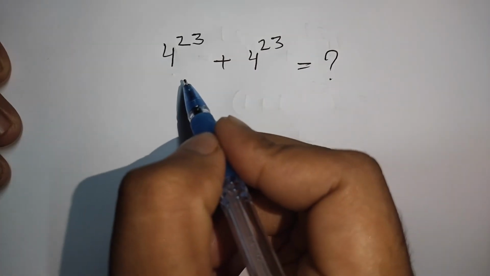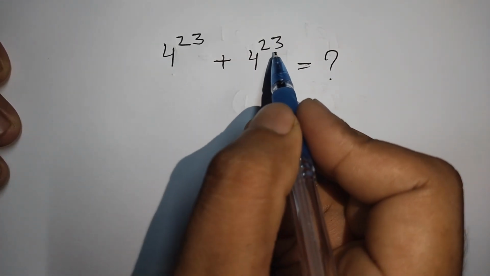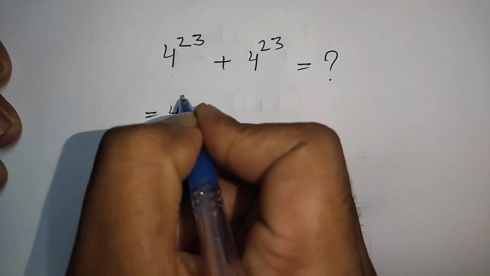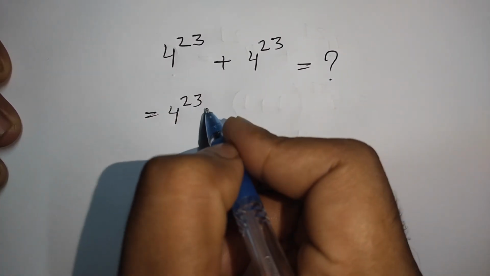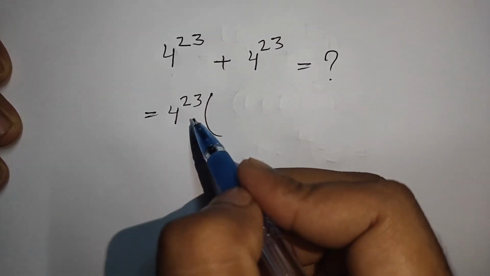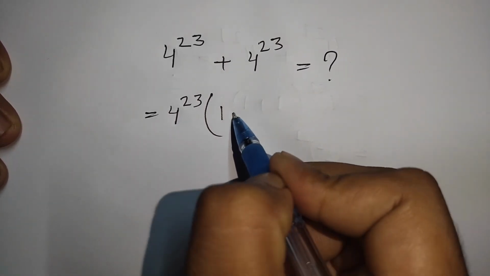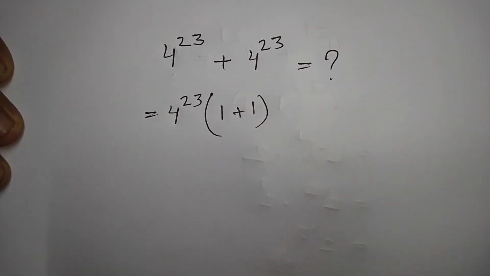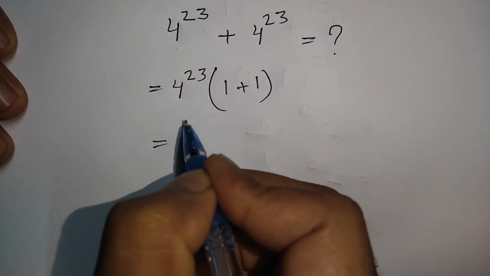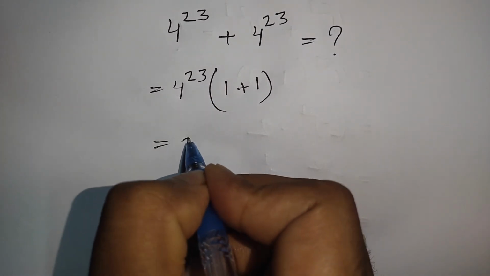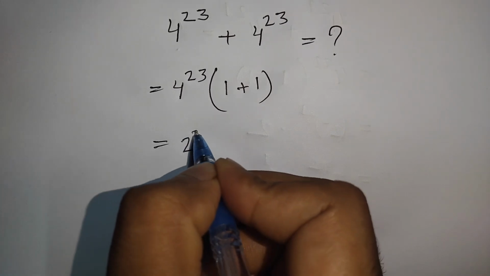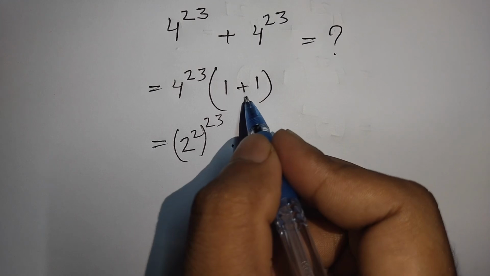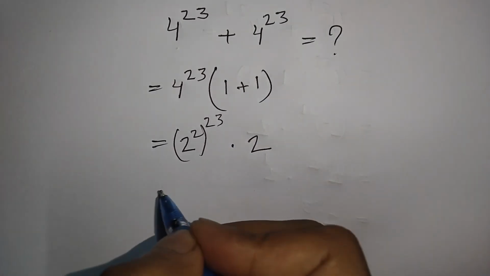How to solve 4 to the power 23 plus 4 to the power 23 is equal to what? At first we take common 4 to the power 23. First bracket start, this divided by this, that means 1, plus this divided by this, that means 1. Now 4 to the power 23 is same as 2 to the power 2 bracket for 23, times 1 plus 1, that means 2.